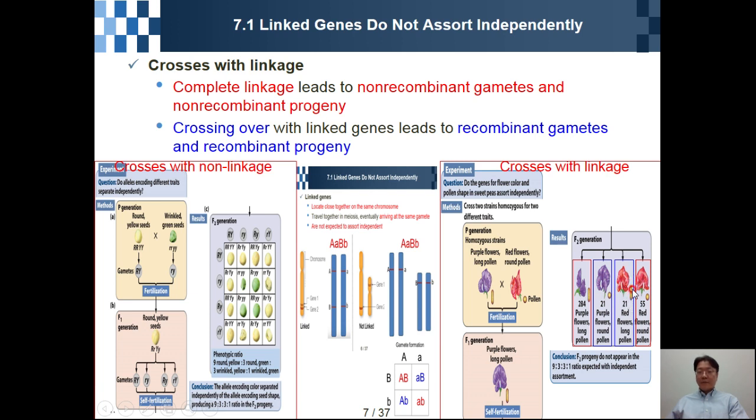It means that crossing over has happened. Crossing over with linked genes leads to recombinant gametes and recombinant progeny. We will see the detail in the next slide.